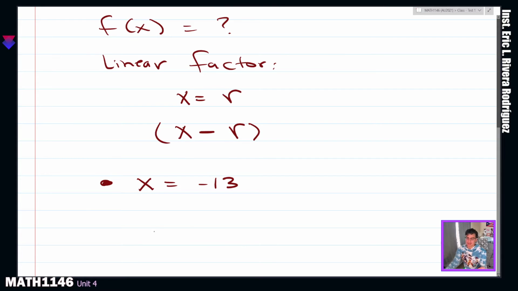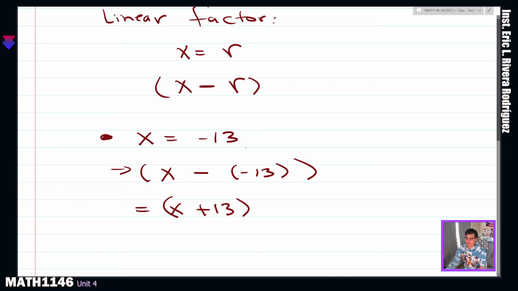The linear factor that corresponds to it is going to be x minus -13, or x minus (-13). We simplify this and we get x plus 13.